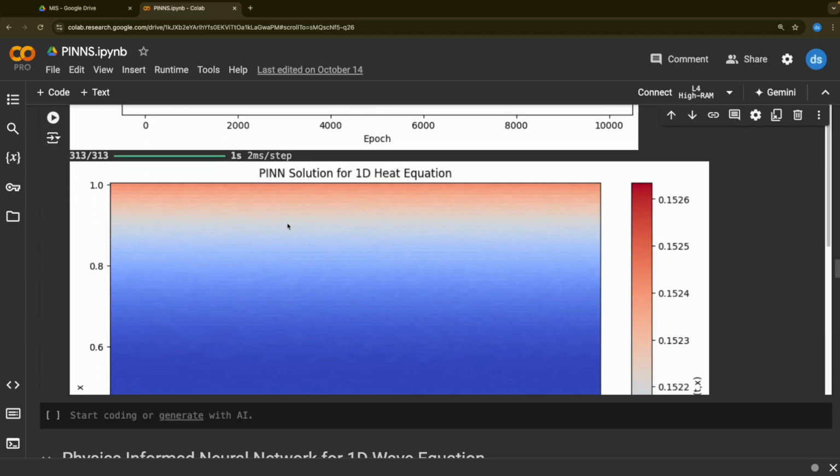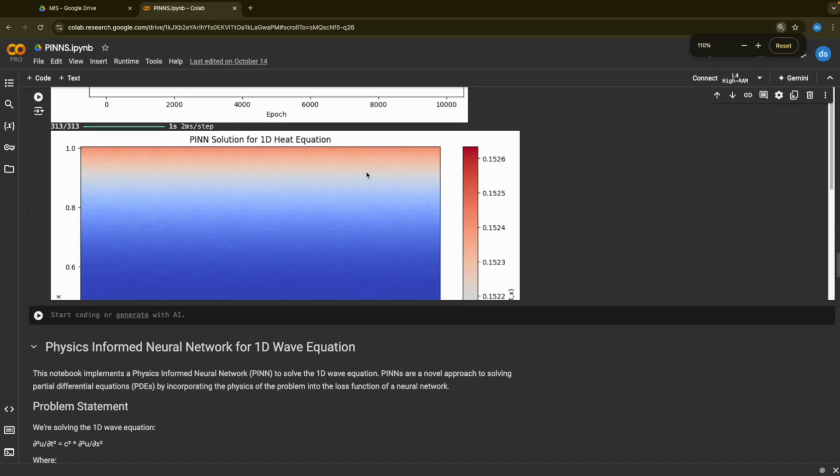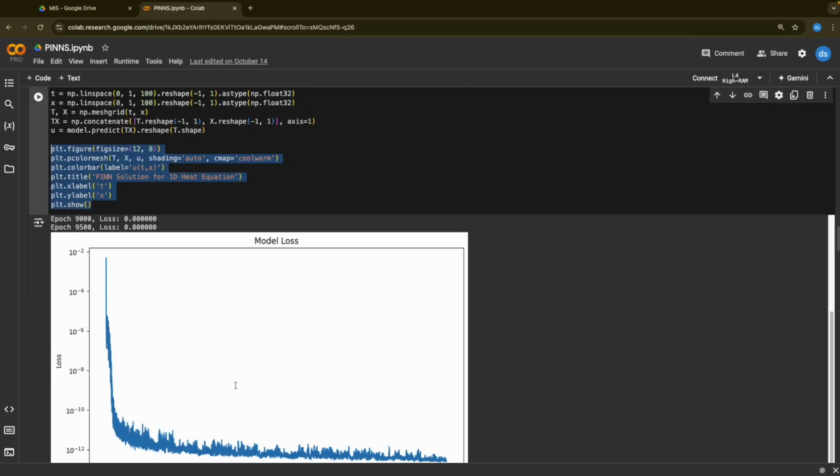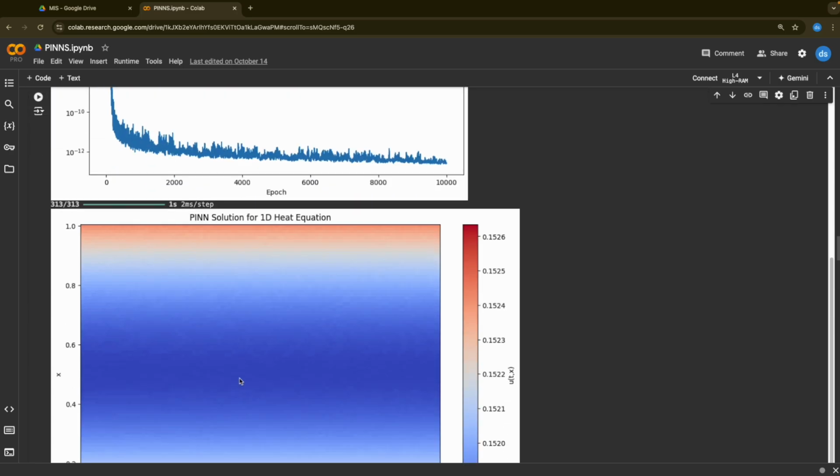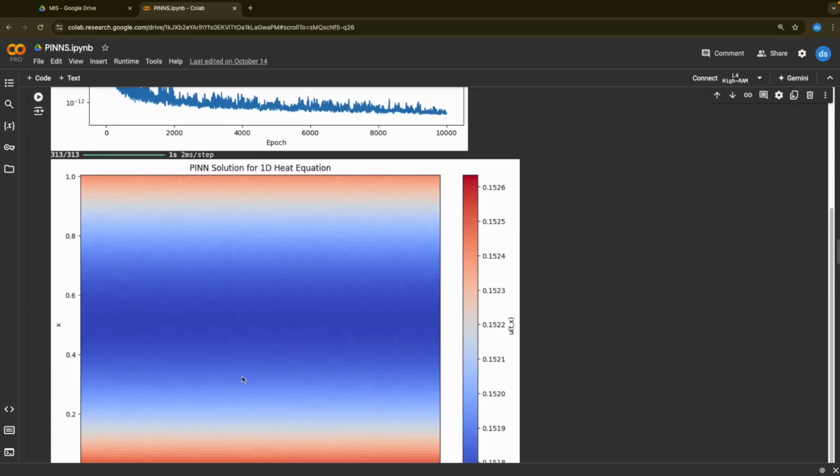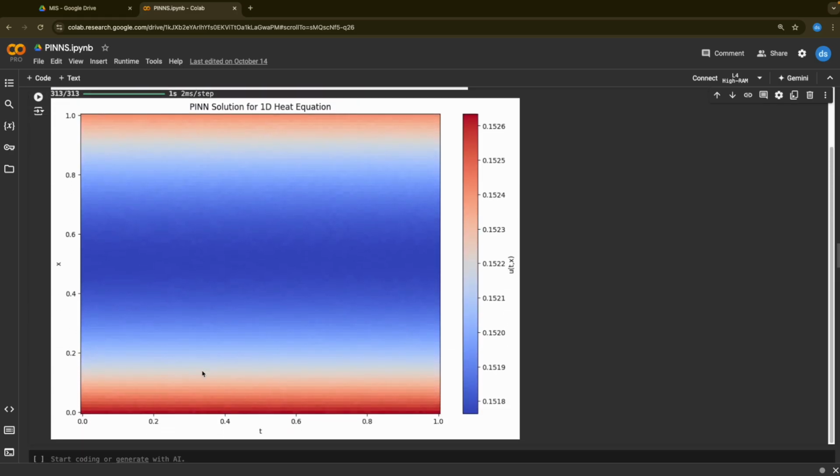And if you see this chart, this is the PINN solution for the 1D equation. I will zoom it out a little bit for you. This is how the temperature, that is u of x, t, is predicted as time goes on increasing. This is how u of t, x will behave with the change in t and x over time.